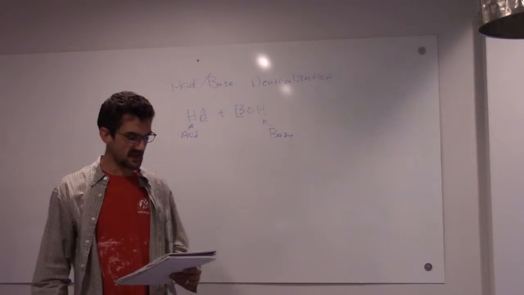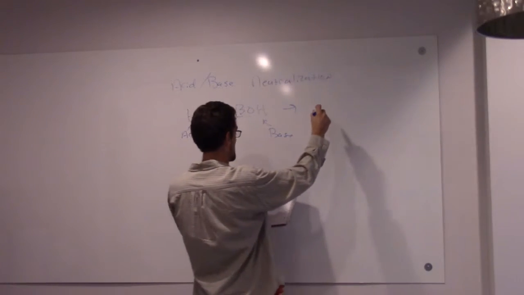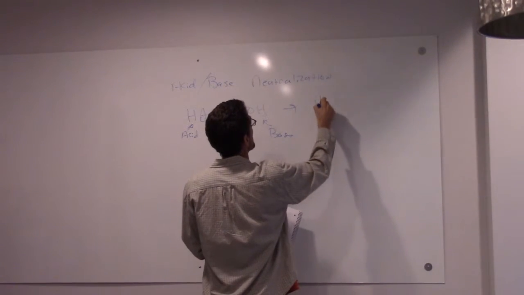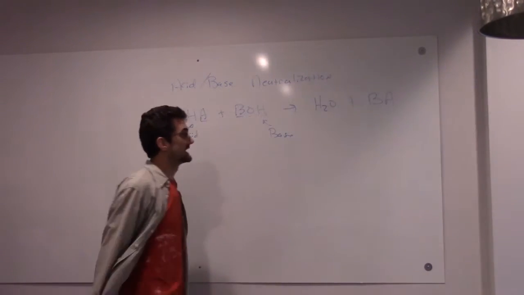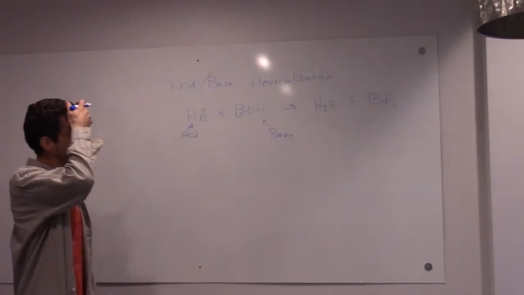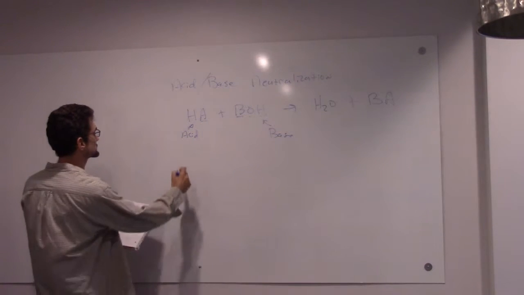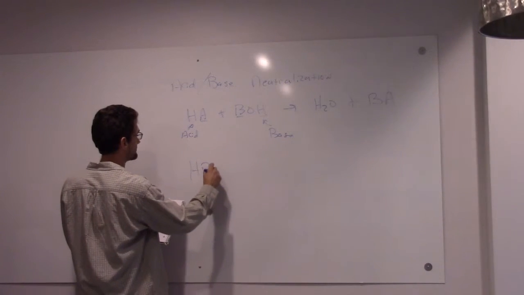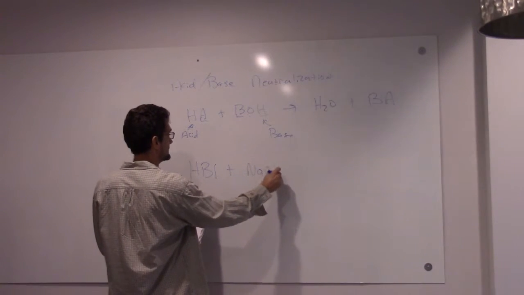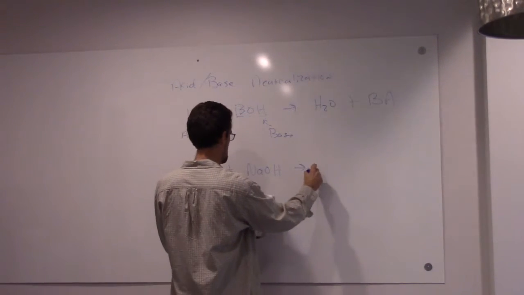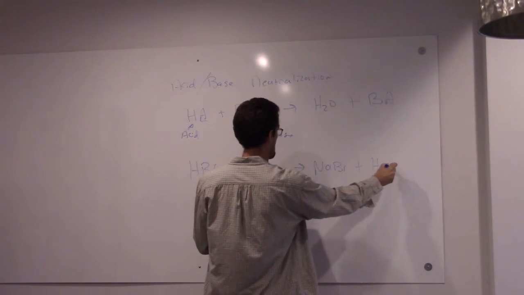And so an example of this would be, whoops, I forgot the magic sign, forming H2O plus BA, and this BA would be a salt, an ionic compound. An example would be hydrogen bromide plus sodium hydroxide going to NaBr plus H2O.